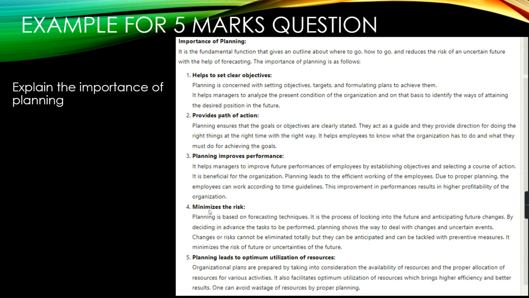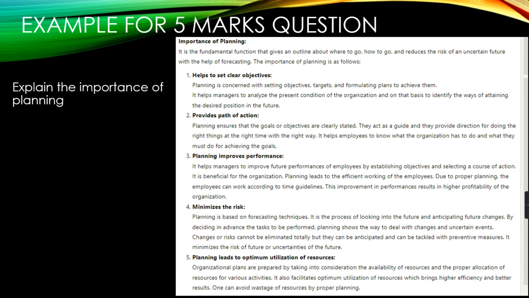Let's take this fourth point. Minimize the risk. Planning is based on forecasting techniques. It is the process of looking into the future and anticipating future changes by deciding in advance the tasks to be performed. Planning shows the way to deal with changes and uncertain events. This much explanation is enough.